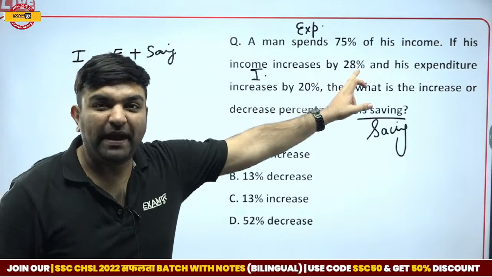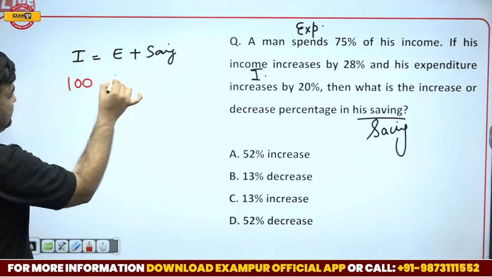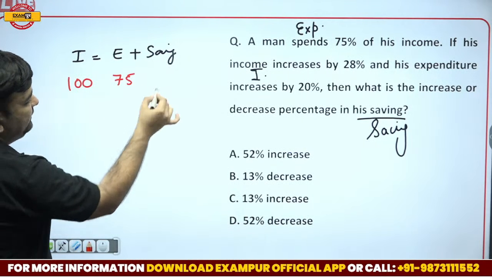A man spends 75% of his income. If the income is 100, then his spending is 75 and saving would be 25.